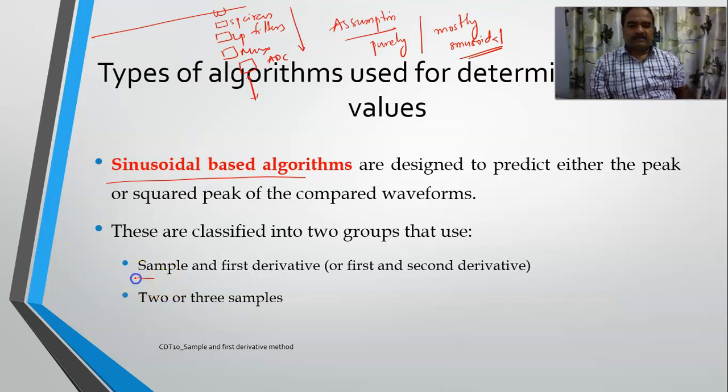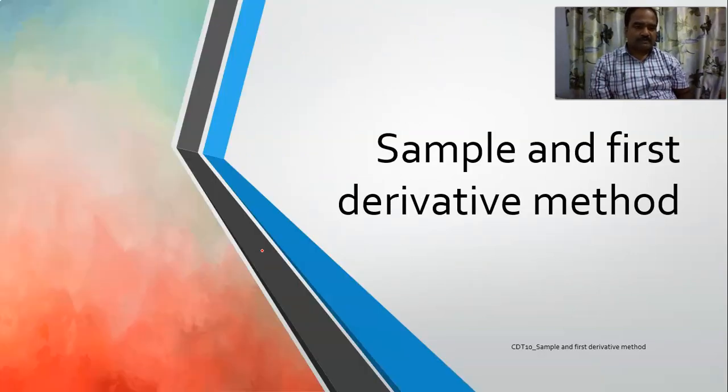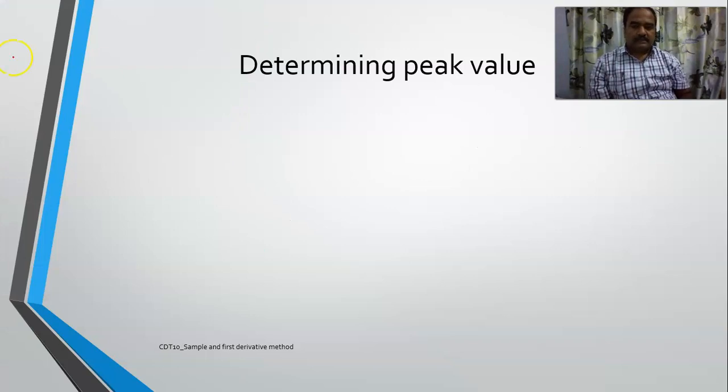The other one, instead of derivatives, uses 2 or 3 samples: the 2 sample method and the 3 sample method. Try avoiding the derivatives because they were a little more complex. So in this lecture, we will see how the sample and first derivative method works out.